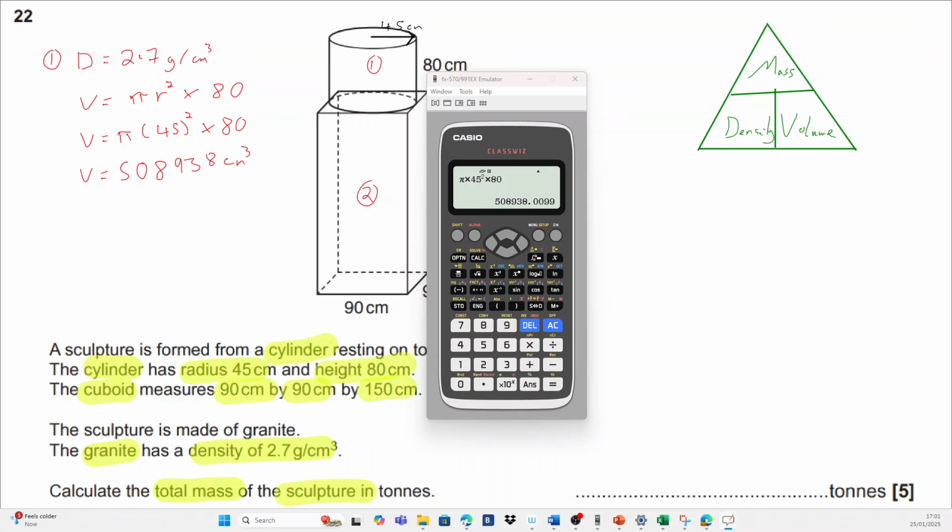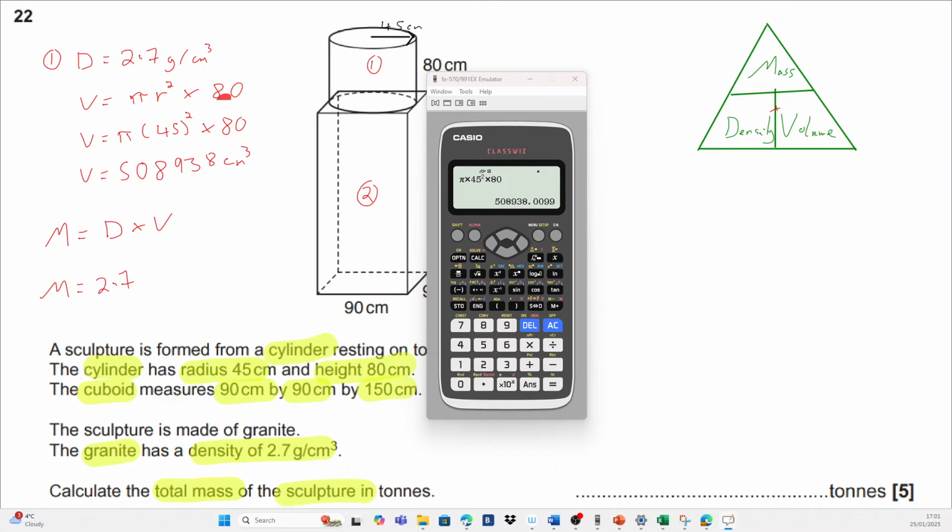So now we've got the density, we've got the volume, we can get the mass, because we are trying to get the total mass of everything. So the mass, M, is going to be equal to, using our formula, put your finger over it, density times the volume. So the mass is equal to density, which is 2.7. Just check you've got the same units.